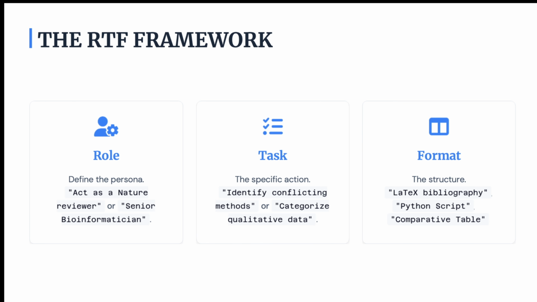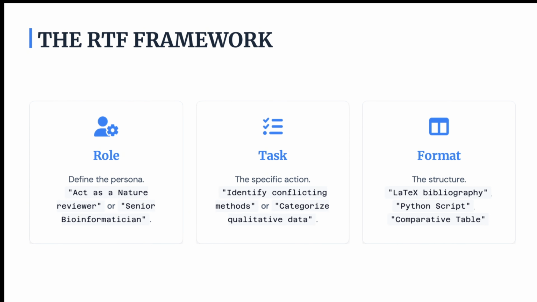T is for task, and F is for format. You need to identify which format you want your answer to be presented in. For example, you may need a comparative table, a paragraph, a subheading or a structure. In most cases, AI will give you headings and subheadings.